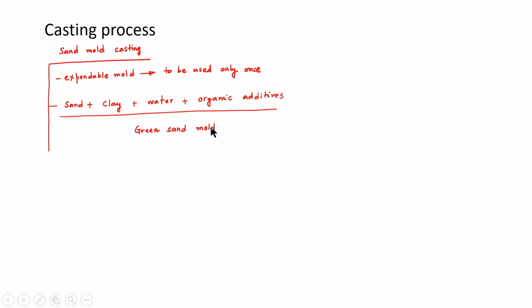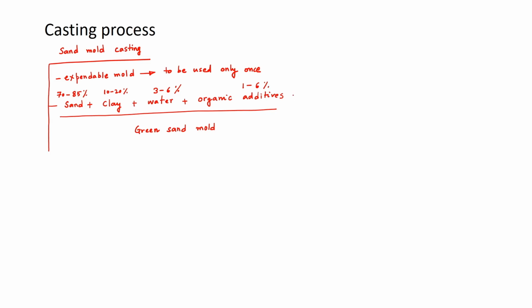In general the sand is in the proportion of around 70 to 85%. The clay is about 10 to 20% of the total volume of the mixture. Water is about 3 to 6%, and the organic additives are between 1 to 6%.